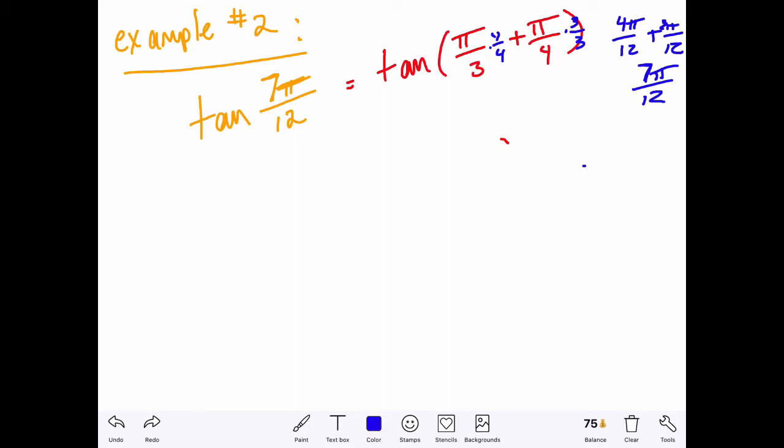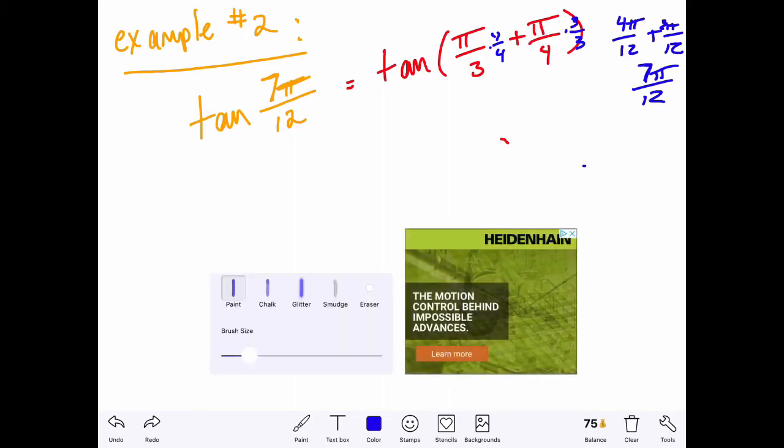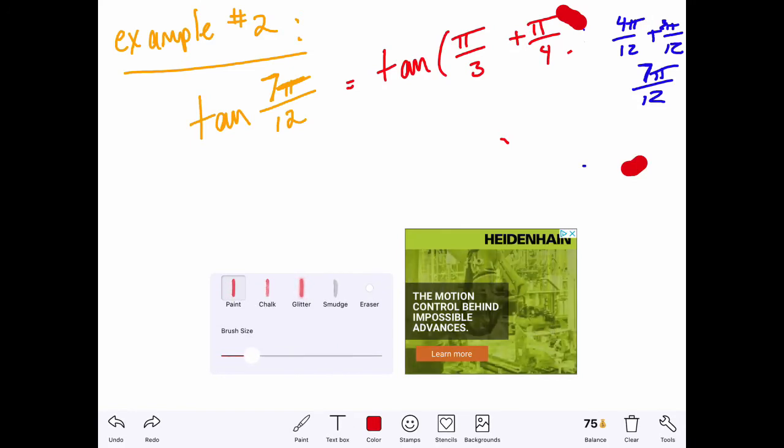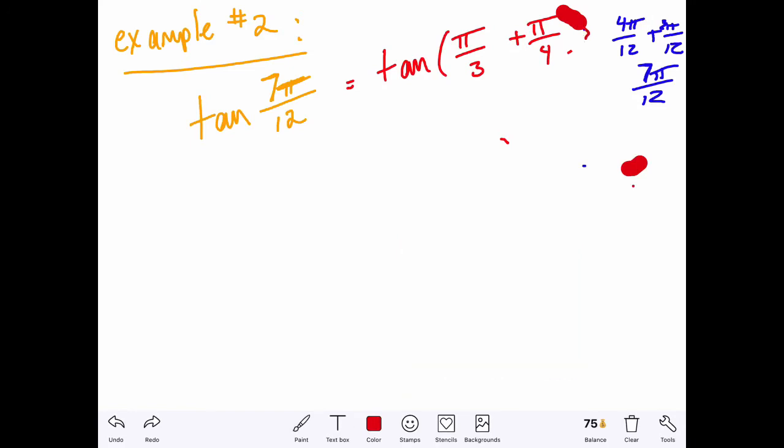Sometimes you've got to kind of look for them, and it's a little more challenging if you're not used to working with radians. But the same process applies.